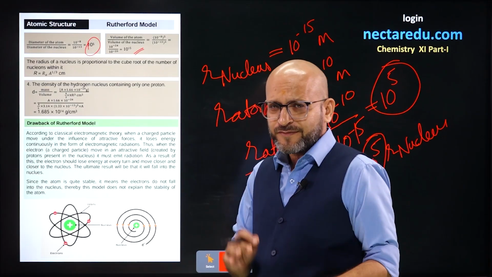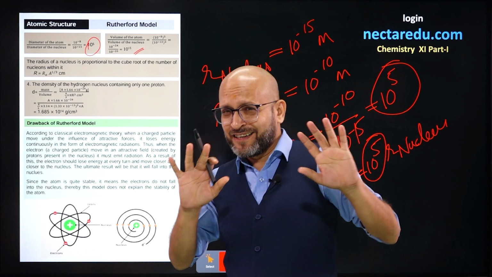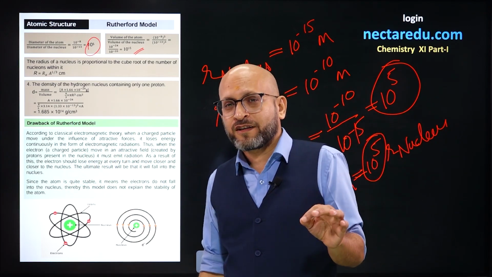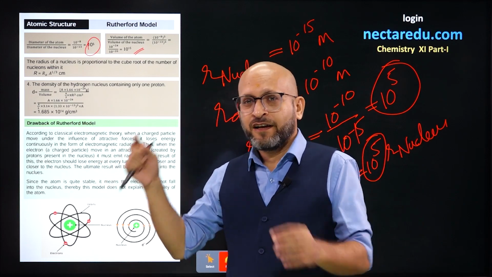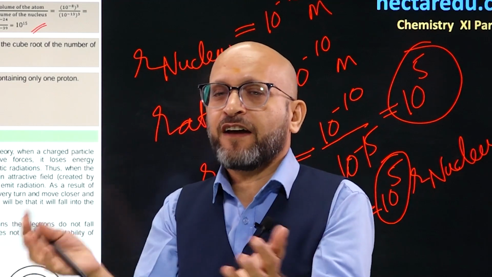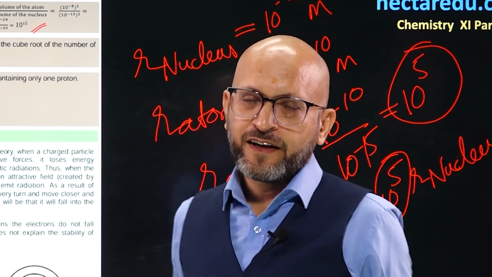And the other thing is, what is the drawback of Rutherford? Is everything fine about Rutherford? No, absolutely not. J.J. Thomson had a problem with his model, that he explained that the positive sphere and the electrons were embedded in it.